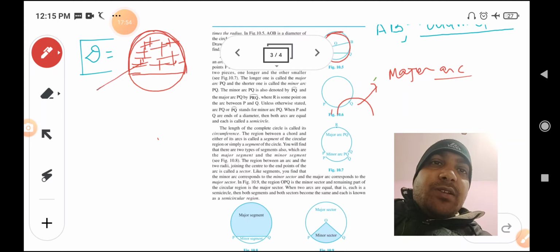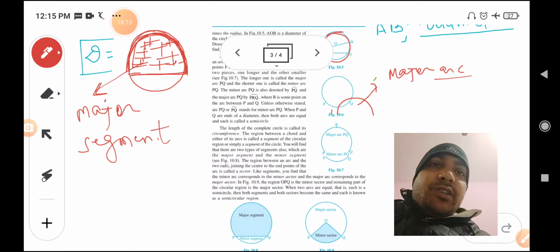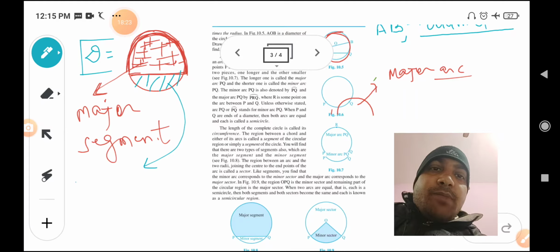Here it is a major arc, so this region is known as the major segment. If this one is the major segment, then the lower one will be the minor segment.